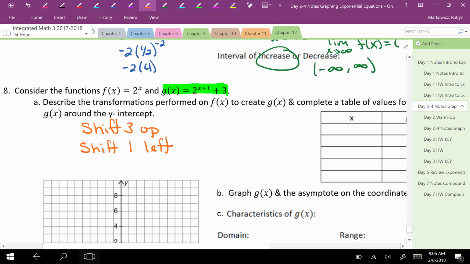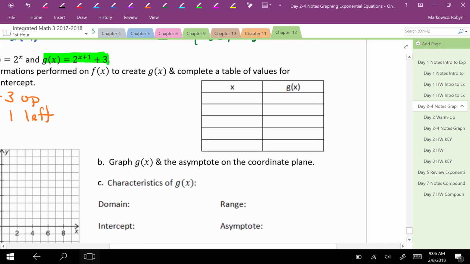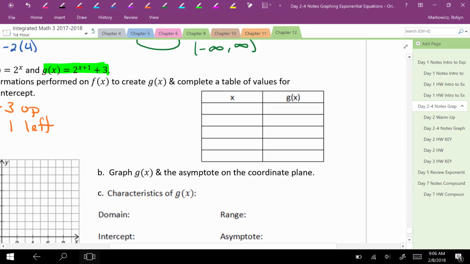Okay. Let's fill in a table real quick and graph it just so we get that practice in, and then I'll pass out your homework. If we take a look here, we just learned what value should we put into our table right away? 0. So if I plug 0 in, I'm going to get 2 to the 0 plus 1 plus 3.